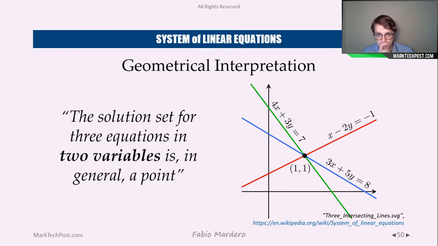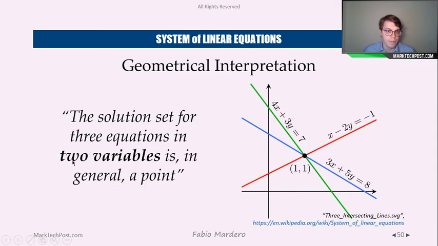But first, let's give a geometrical interpretation of a system of linear equations. For example, if the unknown variables are 2, x and y, and we have three equations, what does it mean to resolve a system of linear equations? Well, in general, the solution is the point that crosses the three lines.